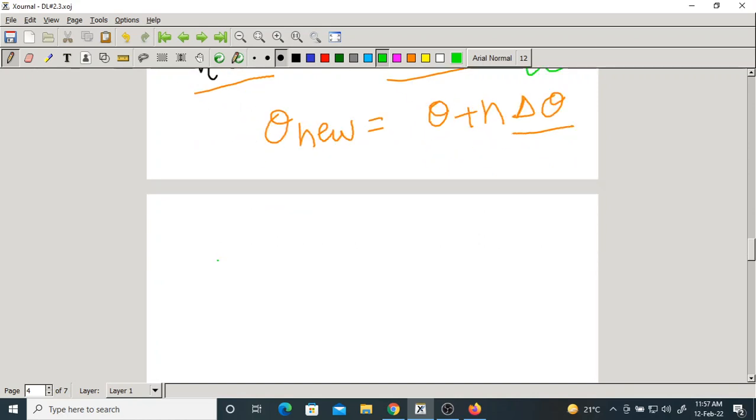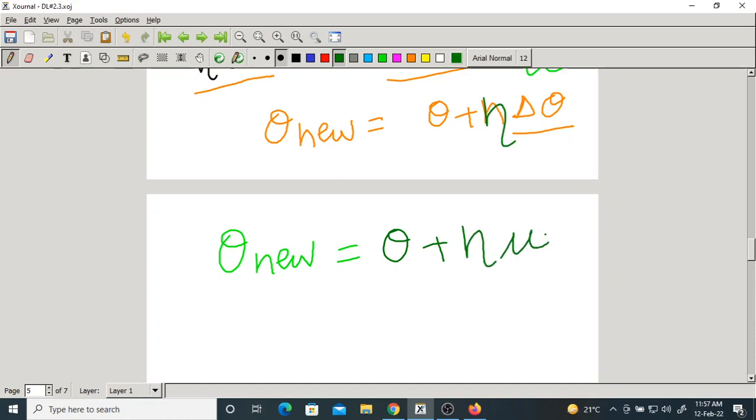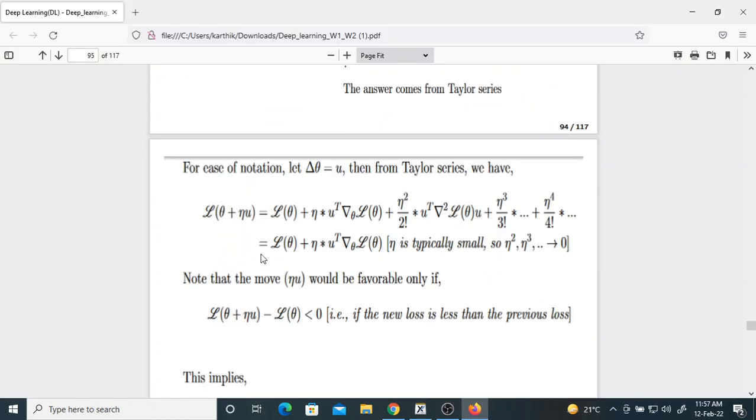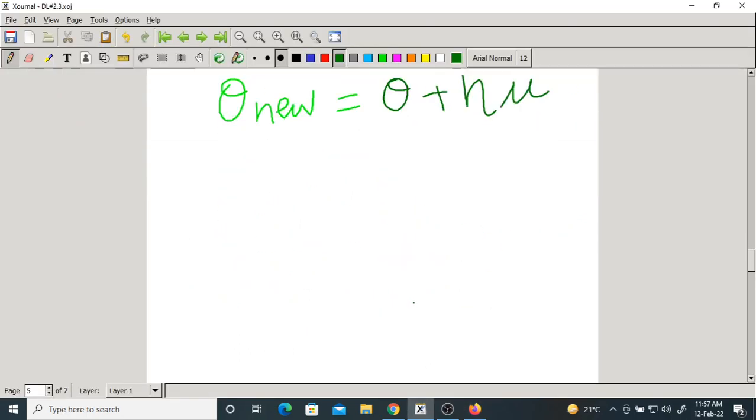Now what is theta new? It equals theta plus eta into u. We are using the Taylor series, expanding this function, the loss function, at theta plus eta u.